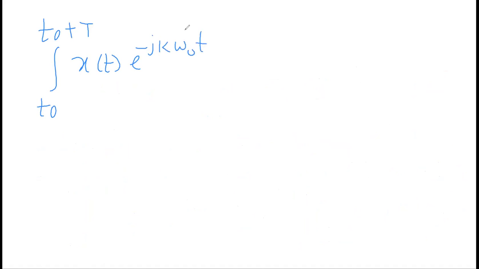So again, I'm writing from the left side also. Integration from t naught to t naught plus T of x of t e to the power minus j k omega 0 t dt is equal to, we'll interchange the summation and integration.